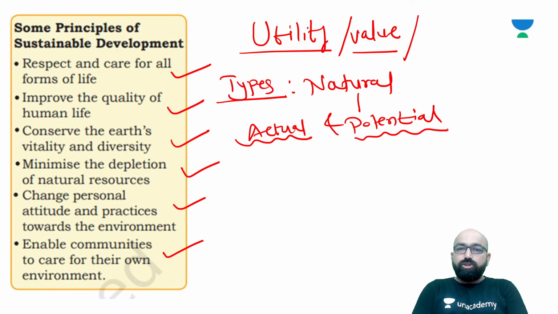The resources which are found everywhere, like the air we breathe, are ubiquitous, but those which are found only in certain places are called localized resources.